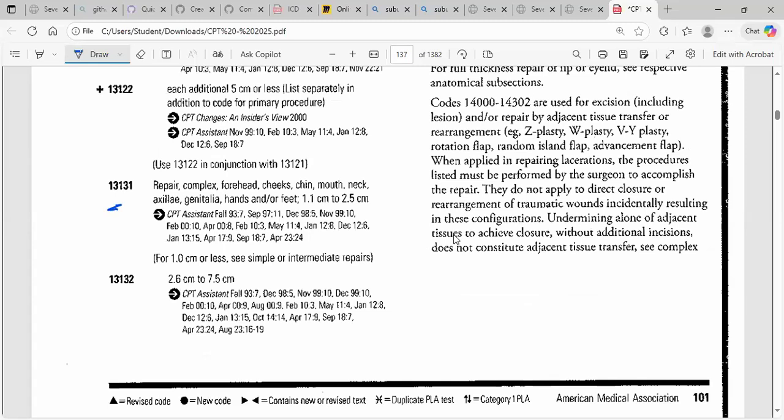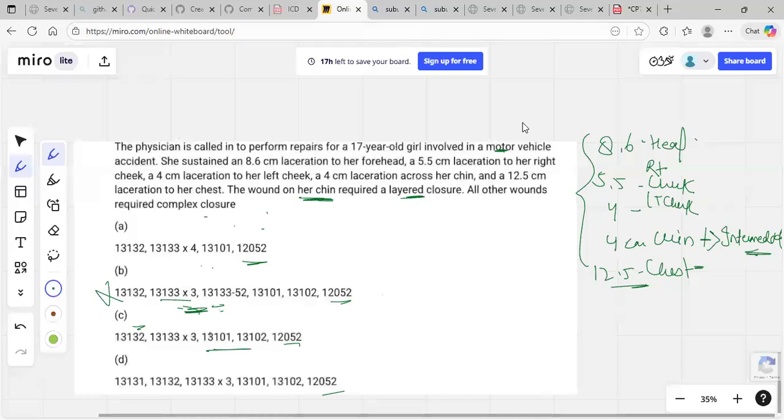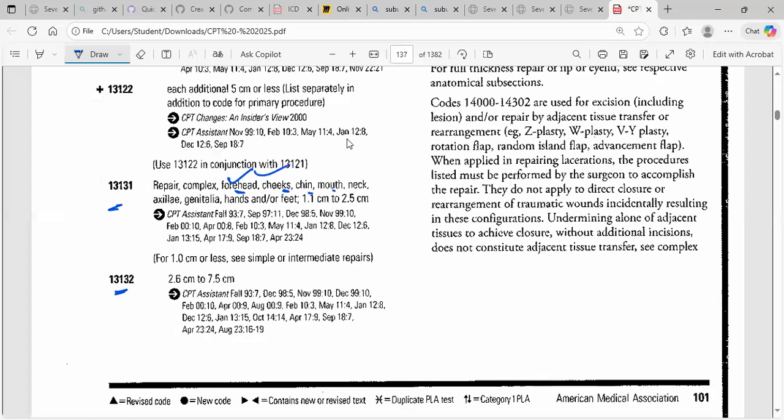So 1, 3, 1, 3, 1, 3, 2. 3, 1 includes forehead, cheek, chin, mouth, neck, and so on. So the patient had the laceration on forehead and cheek. So 8.6, 5.5, and 4. If we add these, because we have the forehead here and cheek here, we do not have the chest here.